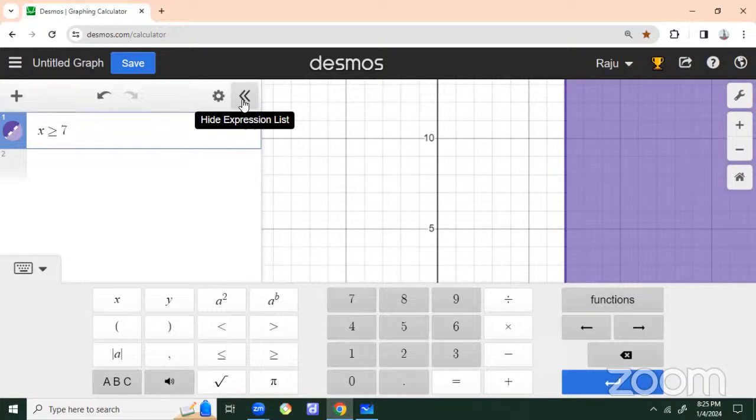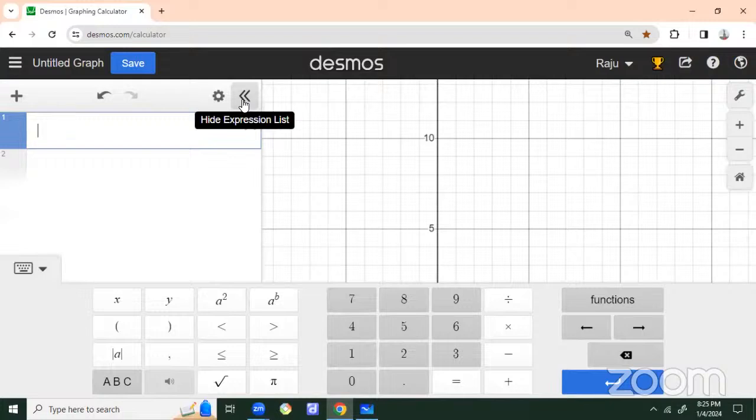Right to the boundary line. The boundary line is given by x equals to 7, and the solution region for the inequality x greater or equals to 7 will be the region to the right of the boundary line, right?